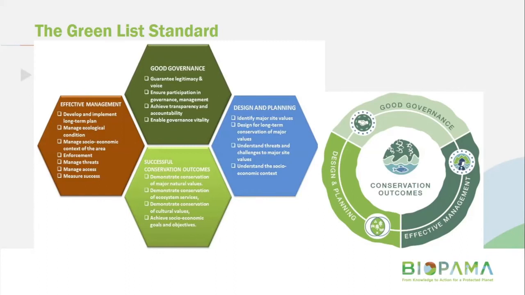Each of those components has criteria, and each of those criteria has indicators. I think it adds up to 54 indicators, if I'm not mistaken. And I want to call your attention to the aspect of successful conservation outcomes, because that's where we answer if the areas are delivering and if they are protecting what they're supposed to protect, and if they are delivering the results that they are expected to deliver.